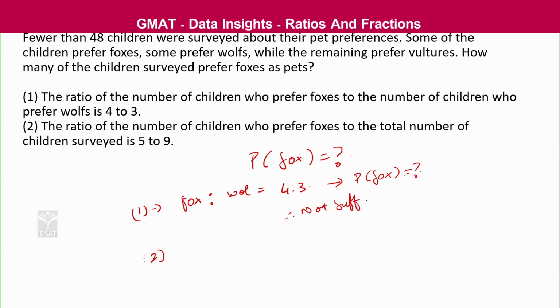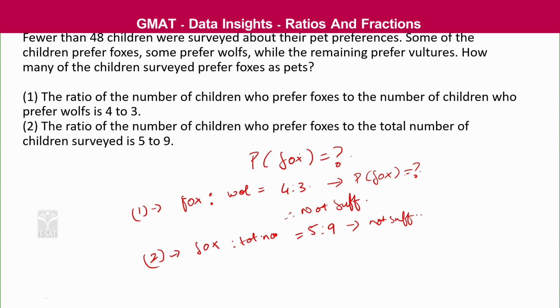When we look at statement 2, the ratio of children who prefer foxes to the total number of children surveyed is 5:9. So, this alone is also not sufficient to answer the question.